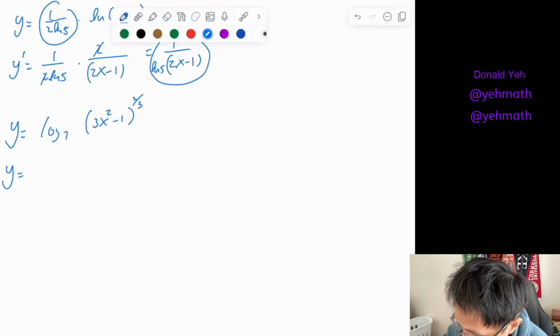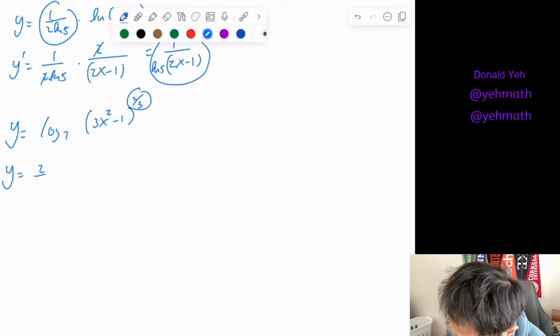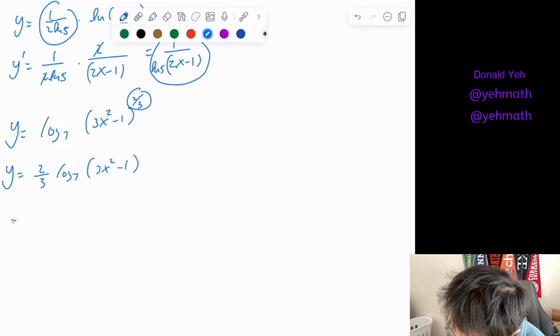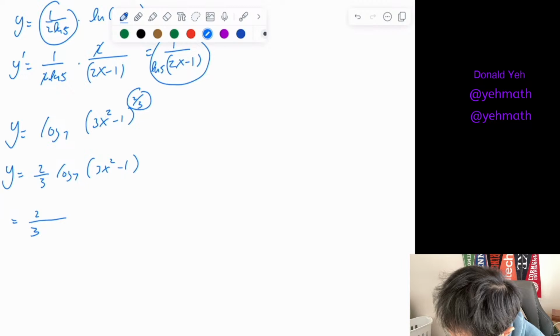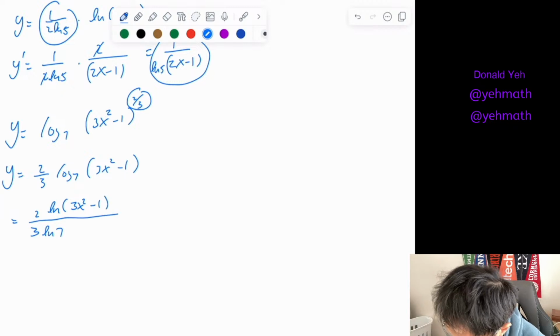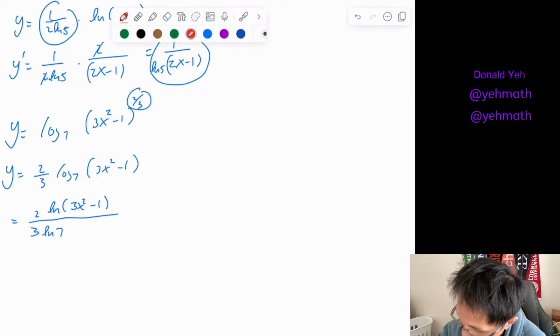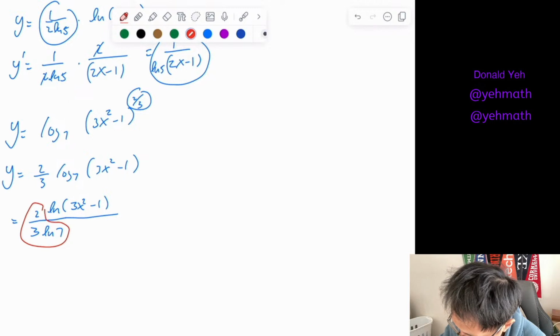So y equals, I'm bringing 2/3 in the front, so it'll be 2/3 log base 7 of 3x squared minus 1. Now that's also equal to 2/3 times ln of (3x squared minus 1) over ln of 7. Understand this is a constant.